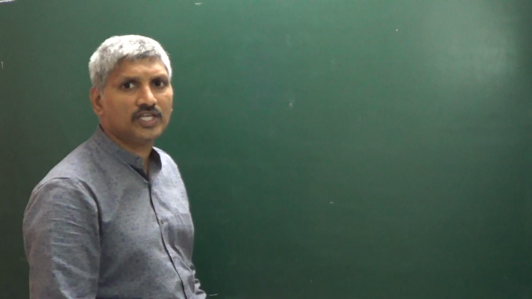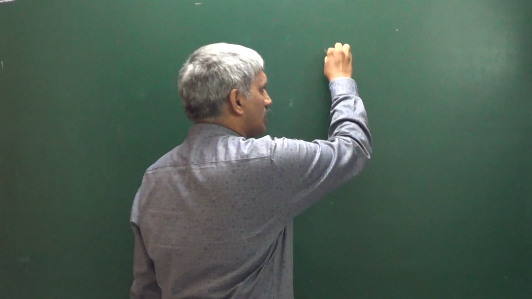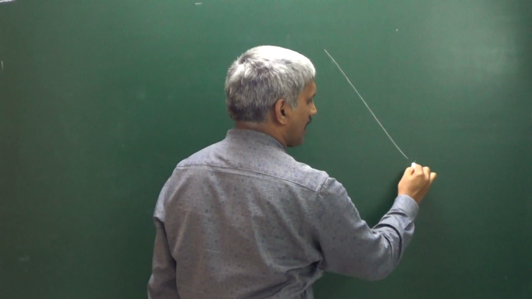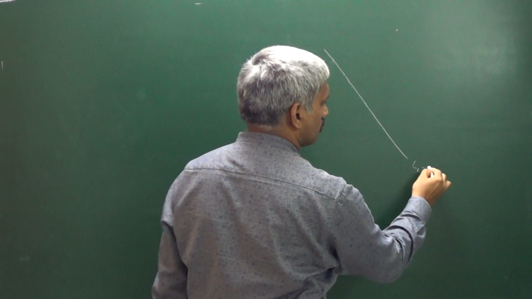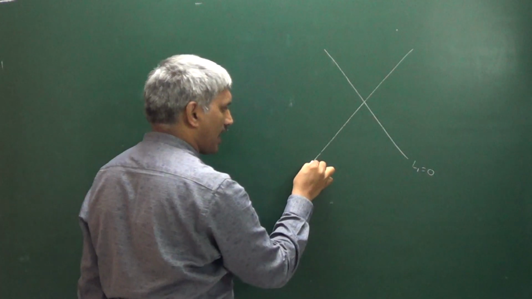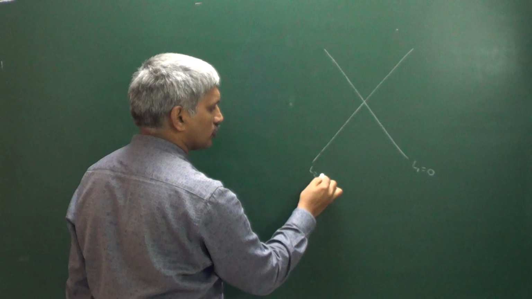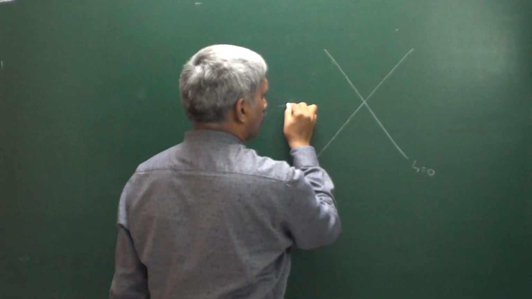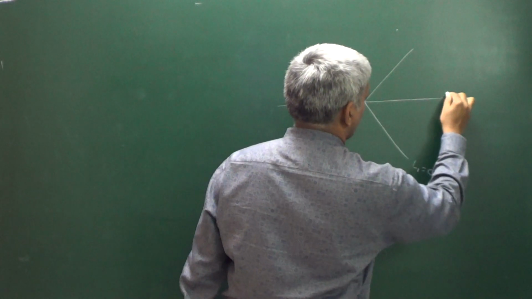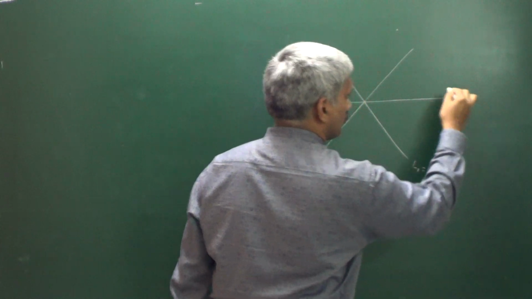But when can we say that three lines are concurrent? This is one line, let us say L1 is equal to 0, this is another line, say L2 is equal to 0, and this is one more line, L3 is equal to 0.